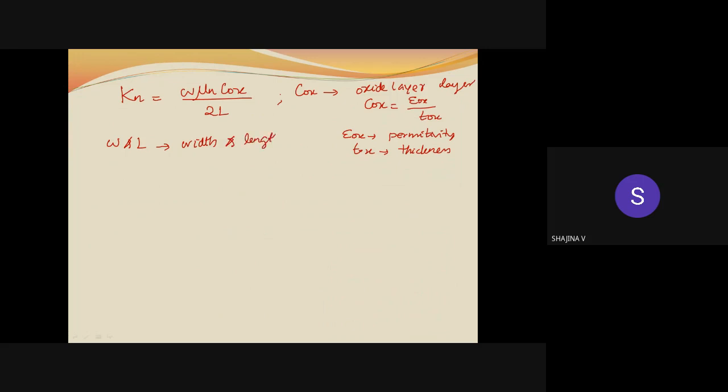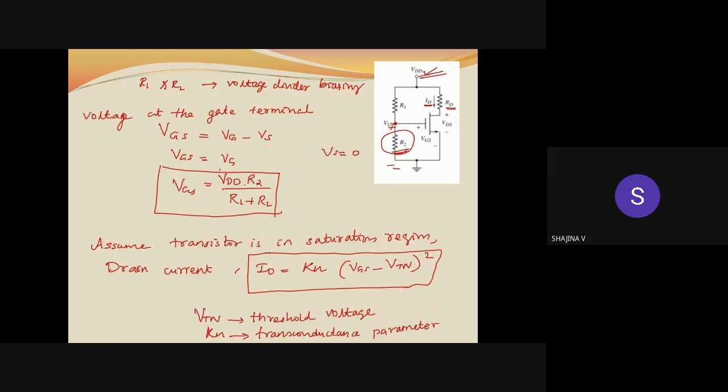So this Kn is a component dependent parameter. At the fabrication time, depending upon the dimensions of the transistor, this value Kn is determined. And our drain current will be equal to Kn into (VGS minus VTN) whole square.